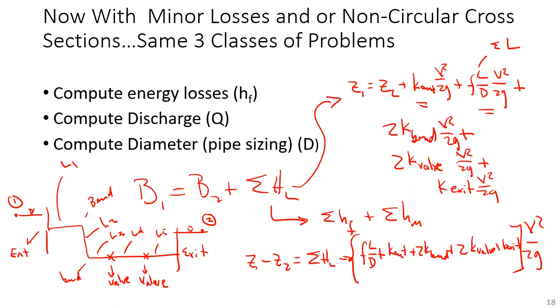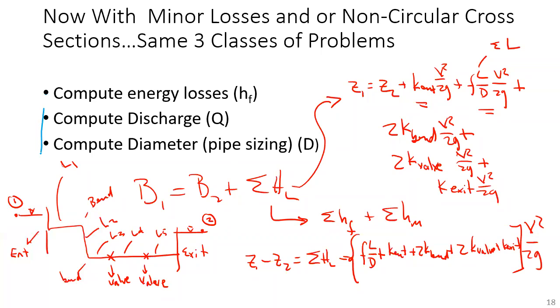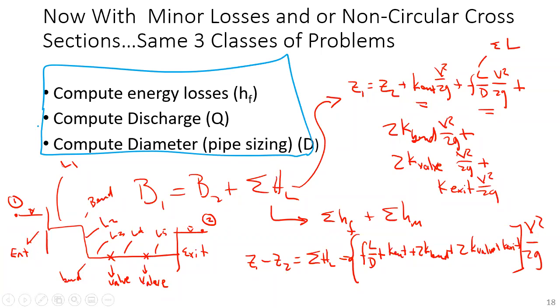So again, you would knock out terms depending on the problem, but this fundamental equation would be used for any of the three classes of problems on this slide. That's your starting point. They all start with an energy balance.